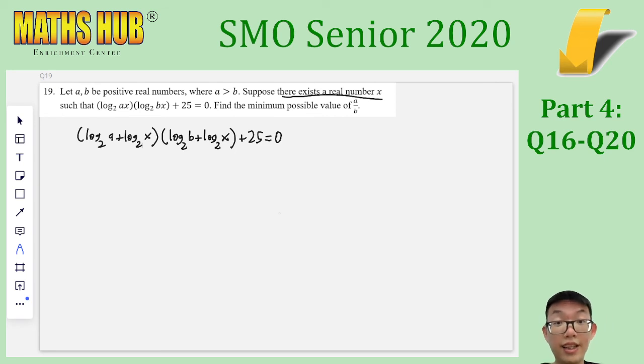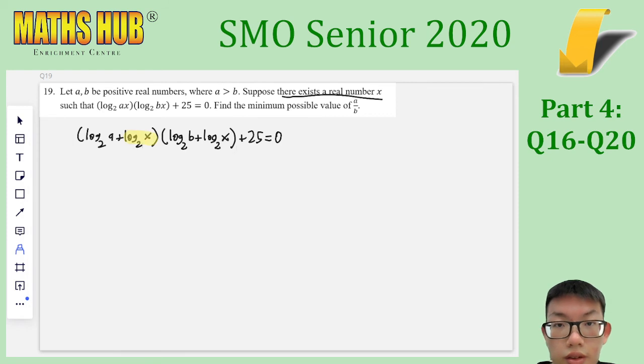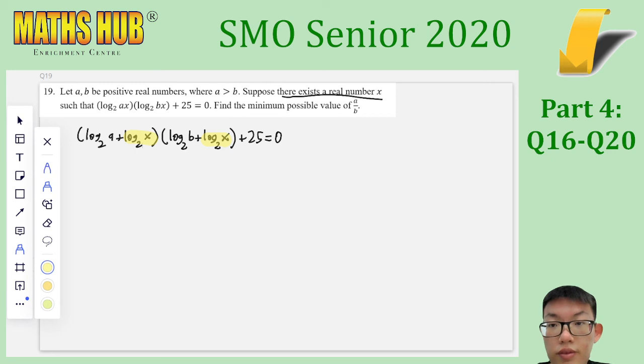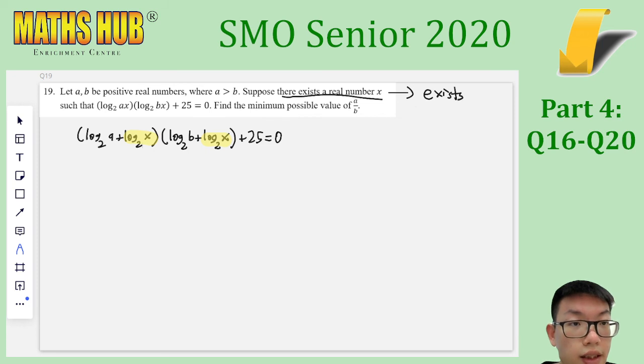Now the eagle-eyed among you would realize that this is actually a quadratic equation where the variable is now log base 2 of x. And saying that there exists a real number x is the same as saying there exists a log base 2 of x.